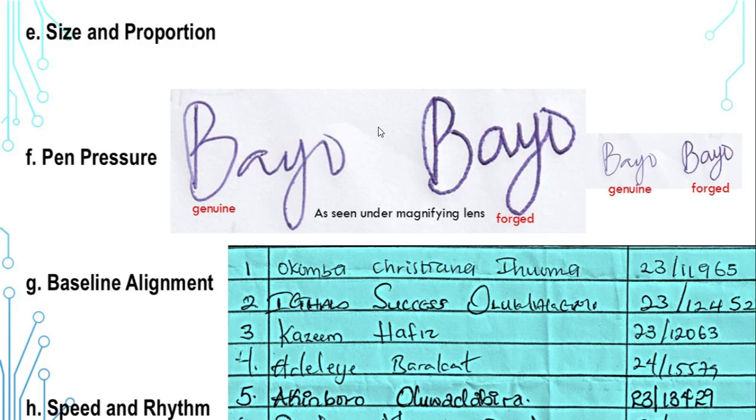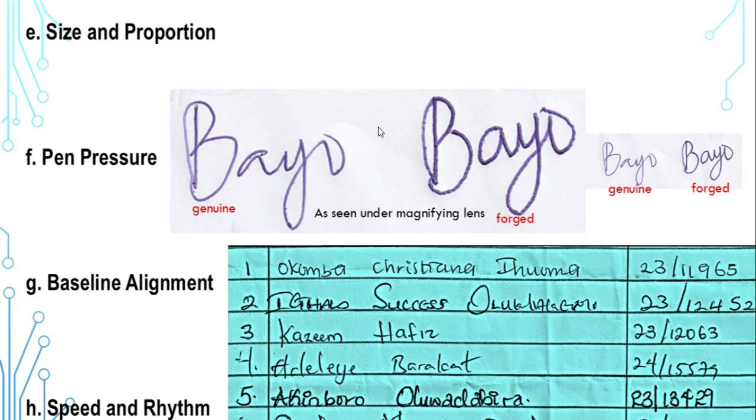You exert less pressure, and because you are exerting less pressure, the ink that your pen will be dropping will not be as much as that of another writer that is writing slowly.